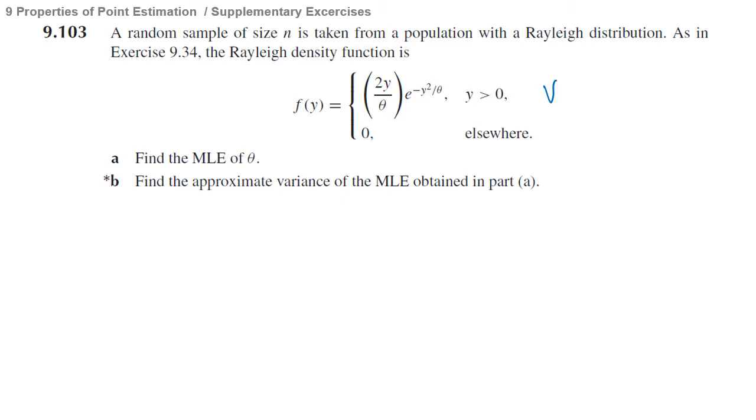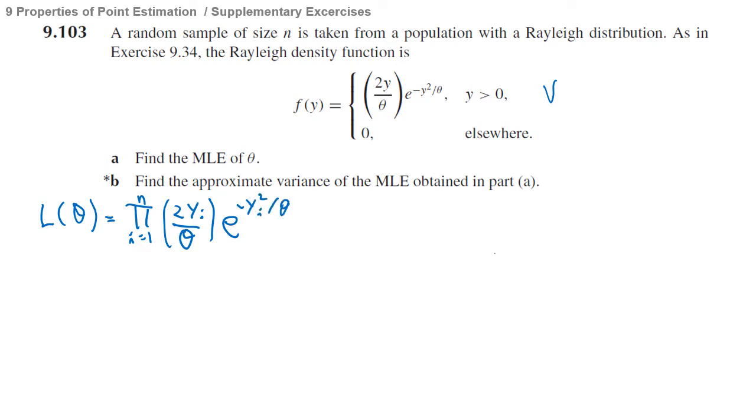So to find the MLE of theta, we need to firstly define our L theta. This is the product, i equals 1 to n, of all the data probabilities, which is 2yi over theta, e to the minus yi square over theta.